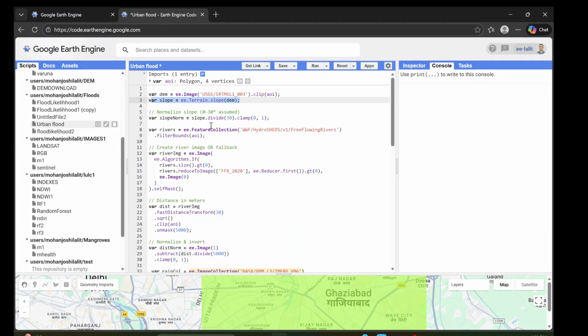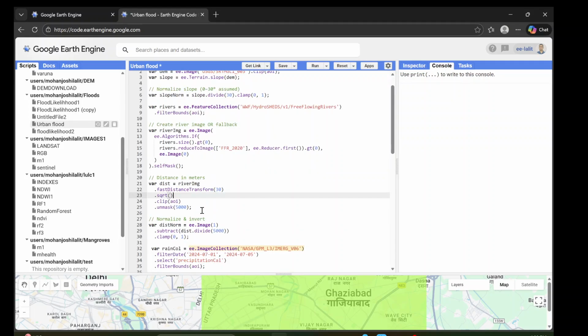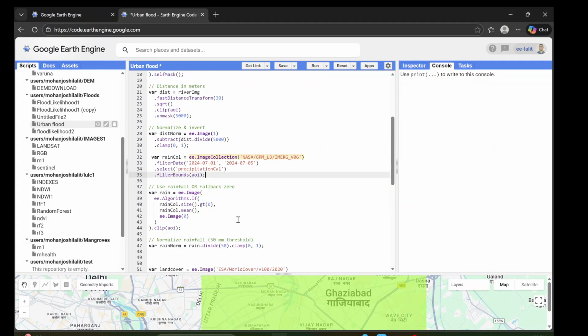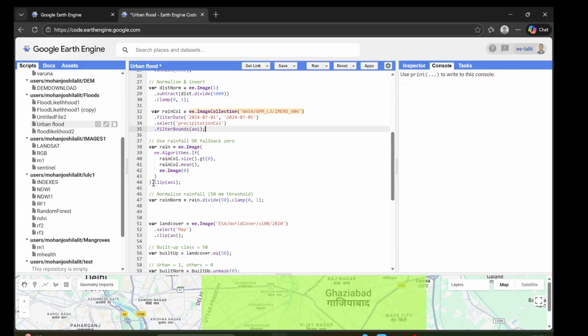Then we took the river from the HydroSHEDS data, which is all open source, created the distance from it, and normalized it also. Then we included rain from the IMERG data, similar to my previous video, and clipped it with my AOI.